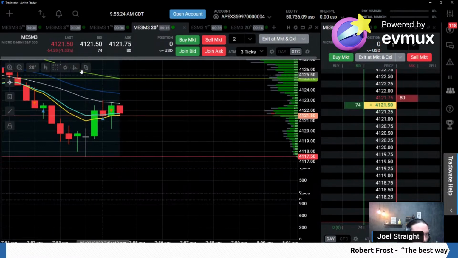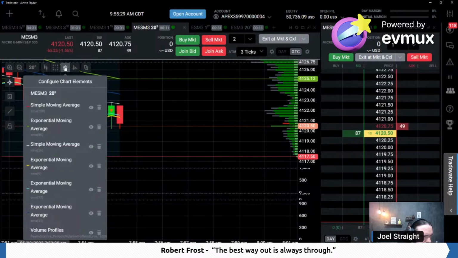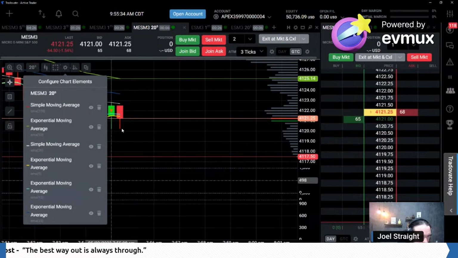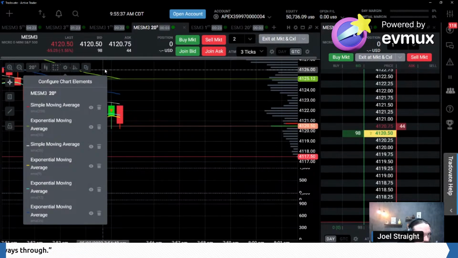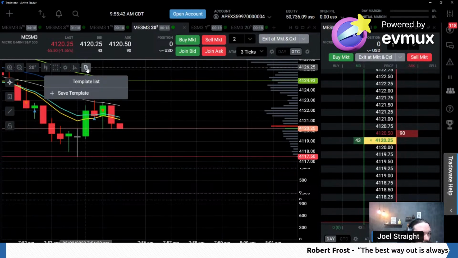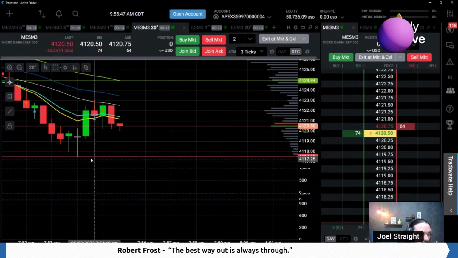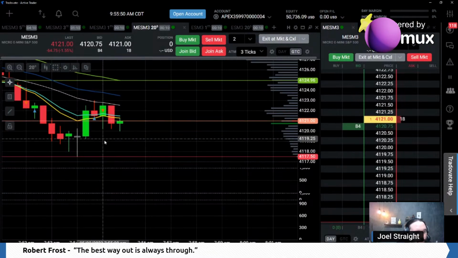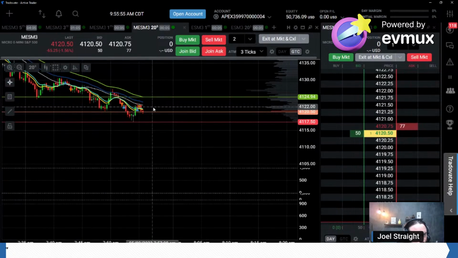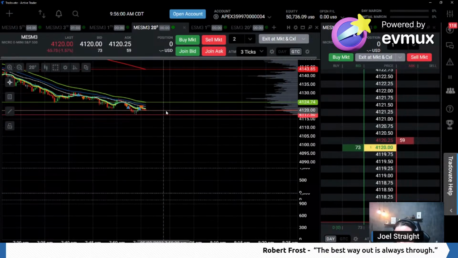This indicator is kind of weird. This volume profile indicator, it's a little odd. The moving average has dropped quite a bit.